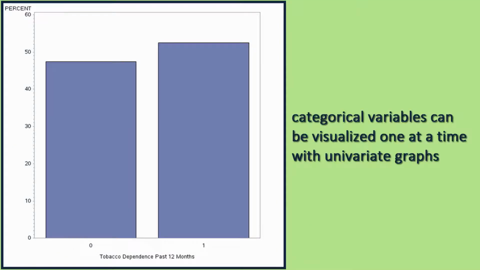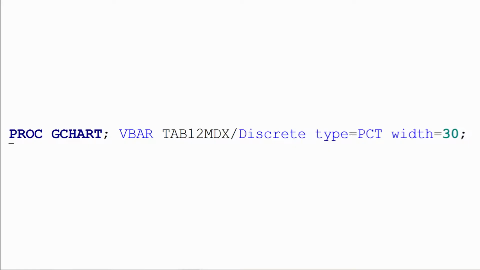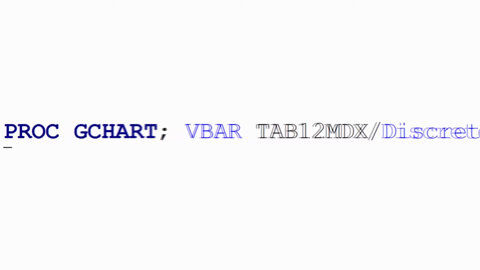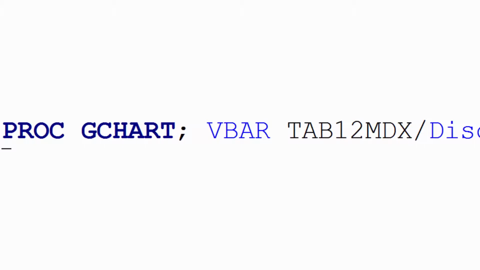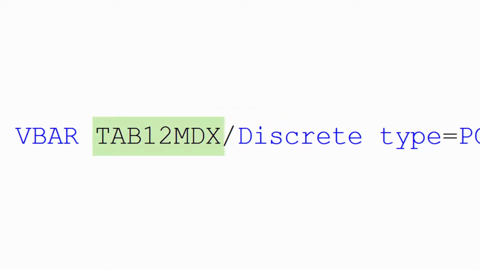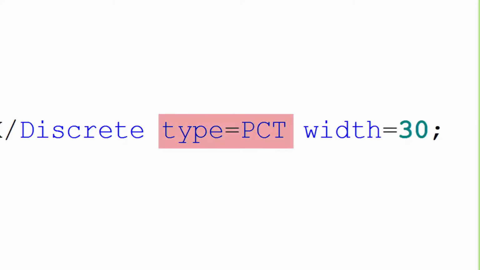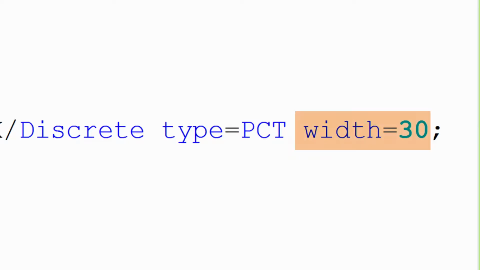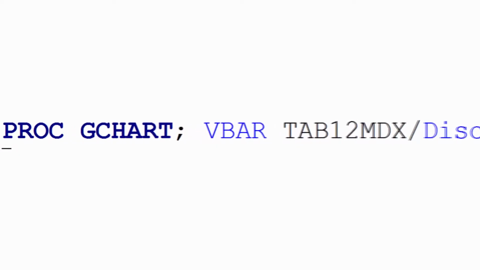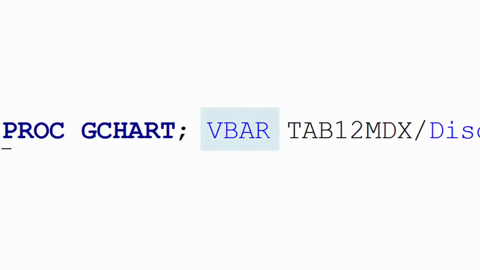Categorical variables can be visualized one at a time with univariate graphs, that is, with single variable bar charts. Here's the basic code for a univariate graph of a categorical variable. Proc GChart; VBar categorical variable / discrete type=PCT width=30; VBar tells SAS to generate a vertical bar chart, a chart with the bars displayed vertically.